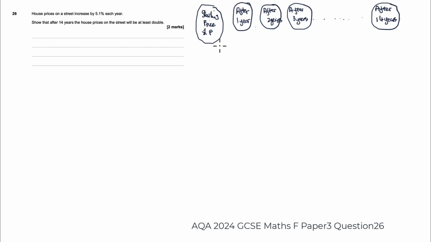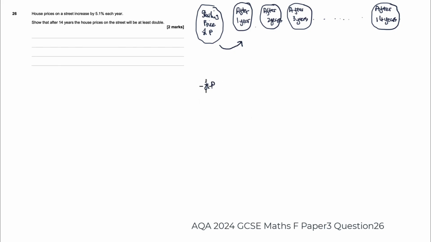So to get from the initial price to the price after 1 year, we're adding 5.1%. Let's have a look at the calculation that would go on.